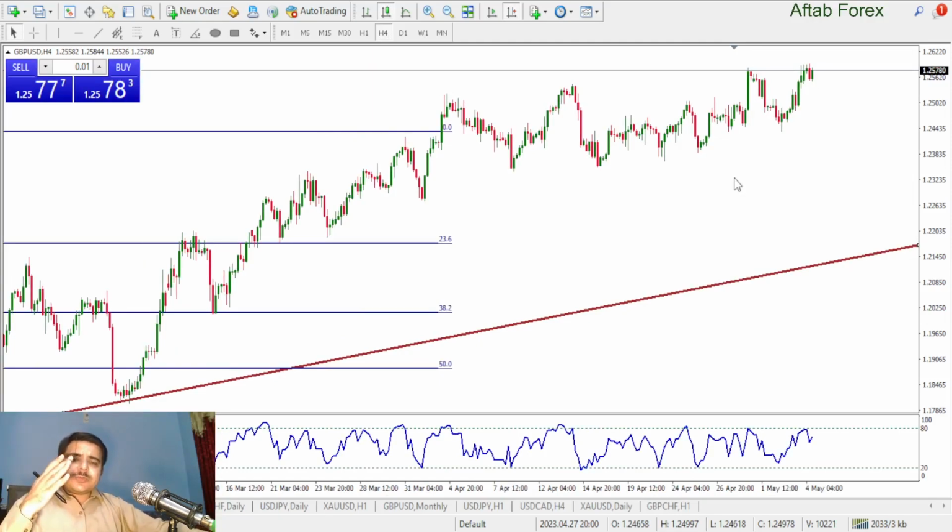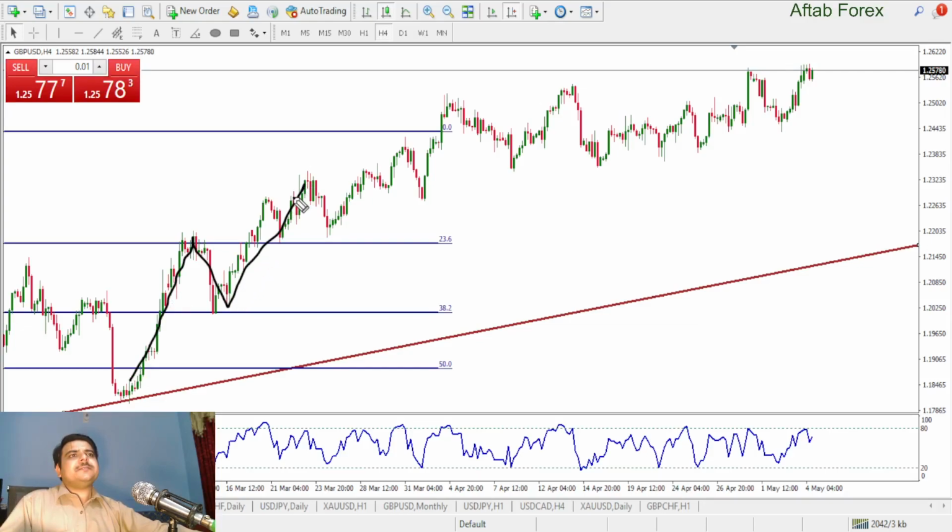If I tell you my overall experience, just have a look at this. A simple trend that was going straight like this, like this, like this, right? Took a double bottom, right? A correction, see, double bottom confirmed, and the continuation, even the breakout.